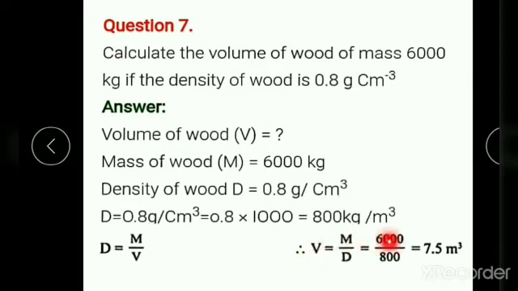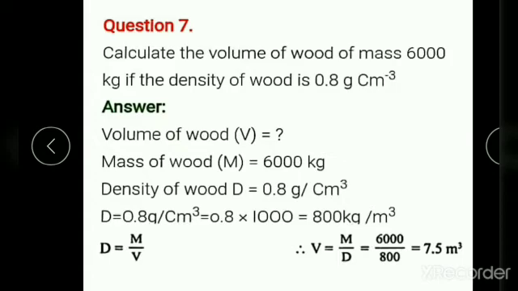So what is the mass? It is 6000 kg and density is 800 kg per meter cube, right? So when you cancel it, 2 zeros and 2 zeros will get cancelled. 60 you have and here you have 8, right? So you can divide it. 60 divided by 8, you get 7.5 meter cube. Okay, so this is the answer.